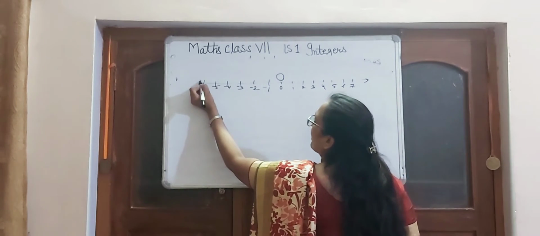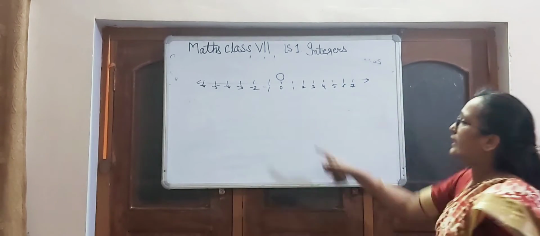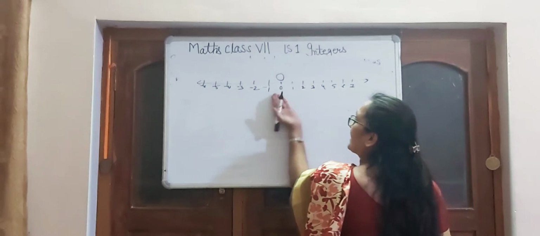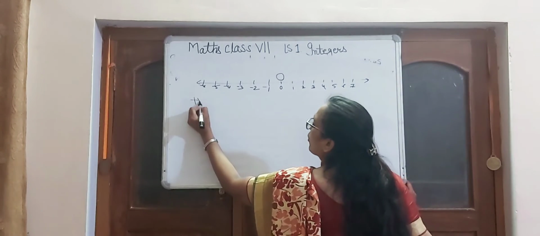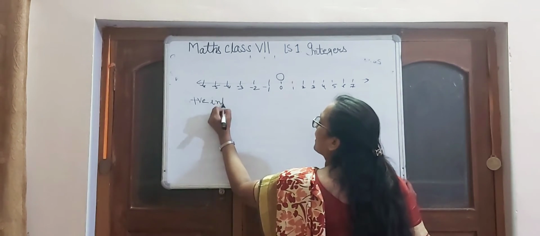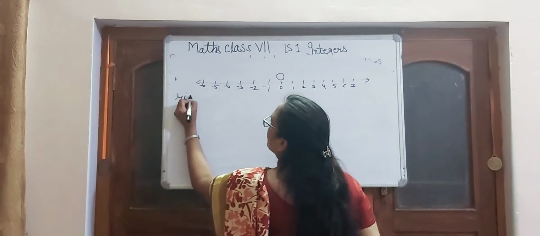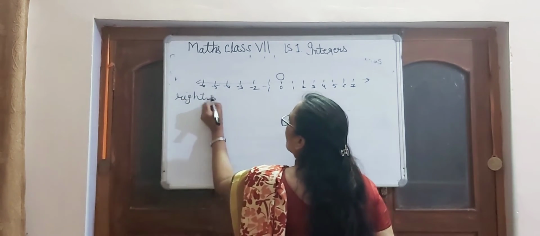In this way we draw the number line. The right side of 0 is the positive integers.